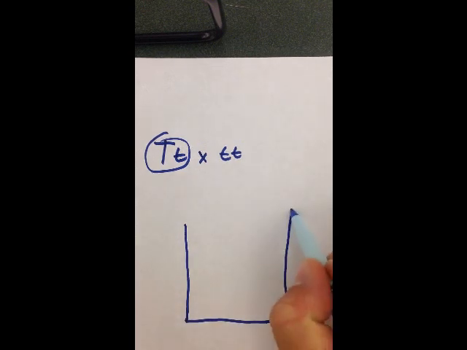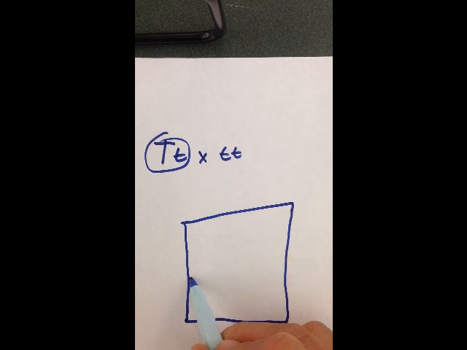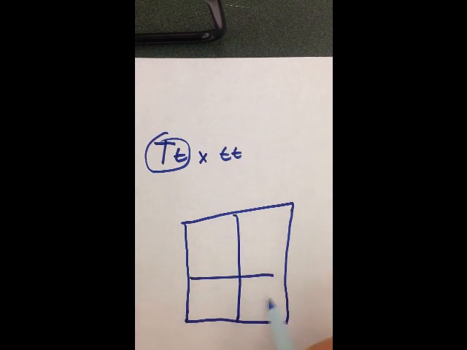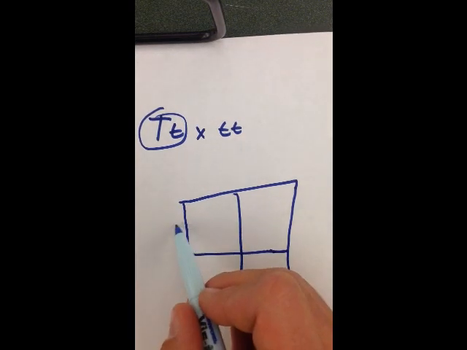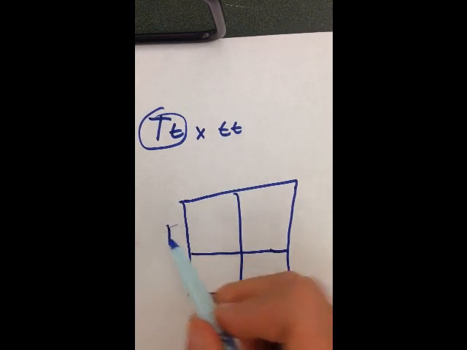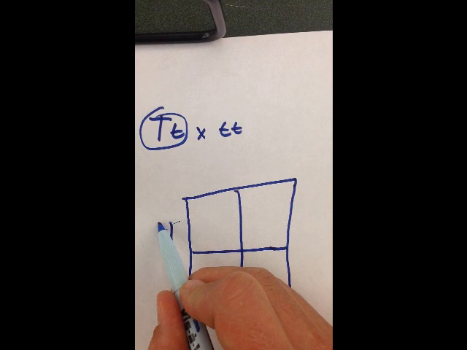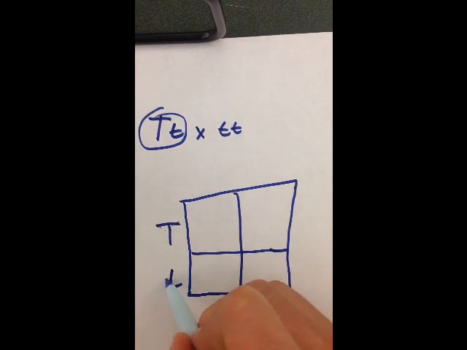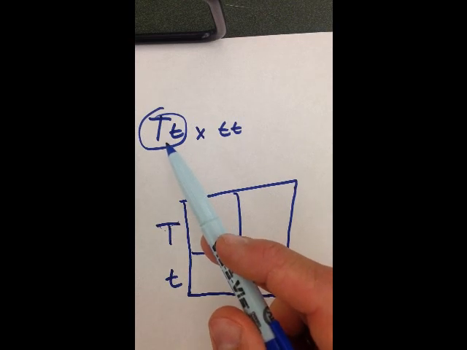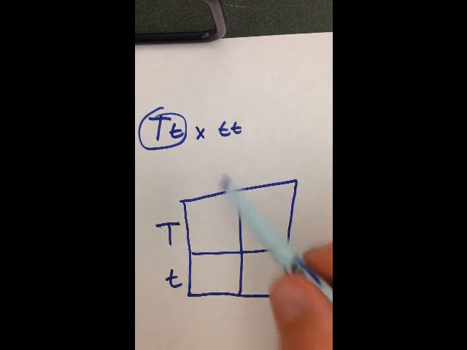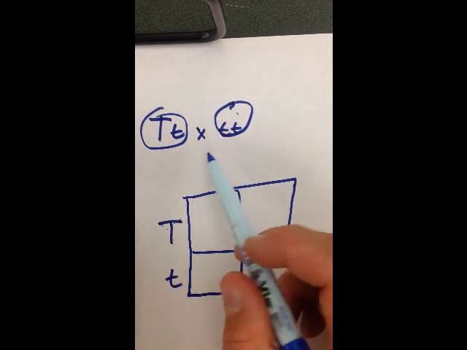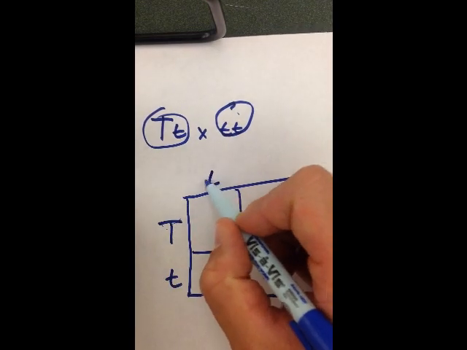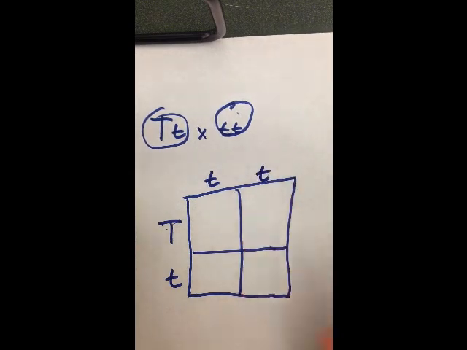We learned this earlier. Meiosis splits the genes up. And we would write the genes down the side of the box. So I wrote a big T, little t, that came from one of the parents. I would then take this parent here, and I would write them across the top of the Punnett square. So I would do little t, little t.